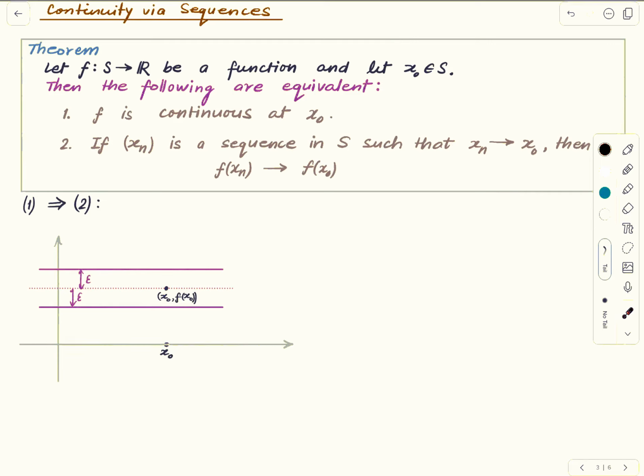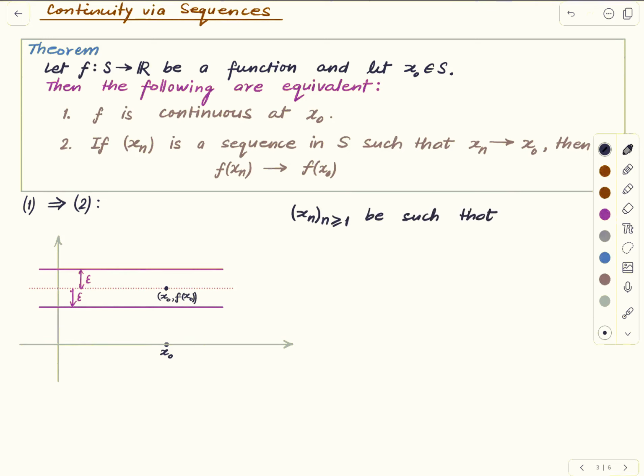Okay. So let's prove them in sufficient detail. Maybe I will not give too many details in this direction, but hopefully I will give all details in that direction. So first, let us look at why this is true. I'm sure you can write down all the details yourself. So what do we need to do? We fix a sequence xn converging to x0.